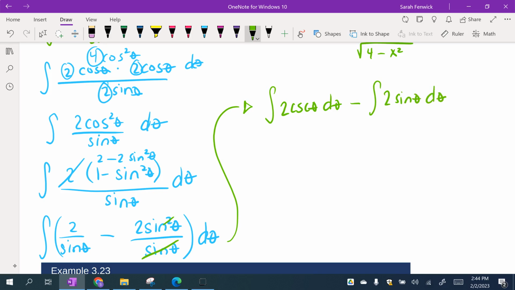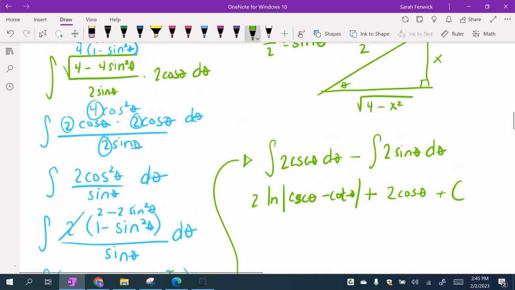Well, the integral of cosecant theta we saw earlier was ln absolute value of cosecant theta minus cotangent theta, minus the integral of sine theta is negative cosine, so we're going to make that a plus 2 cosine theta, not d theta because we got rid of that, plus C.